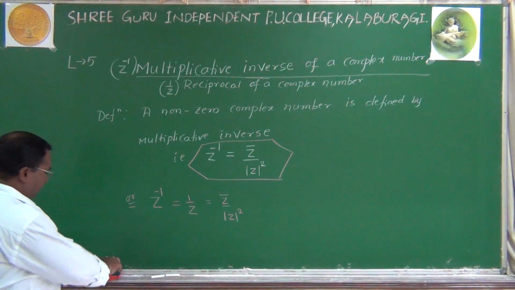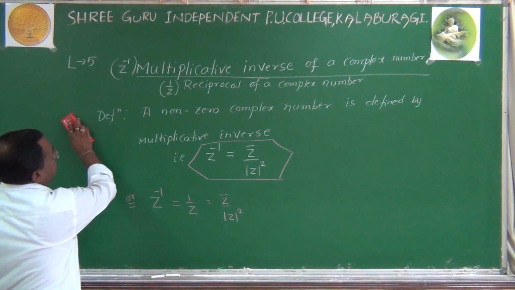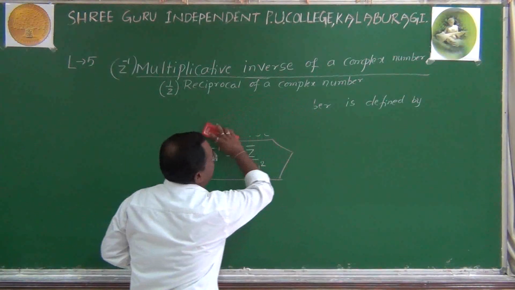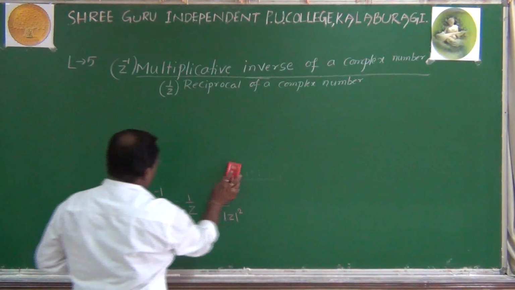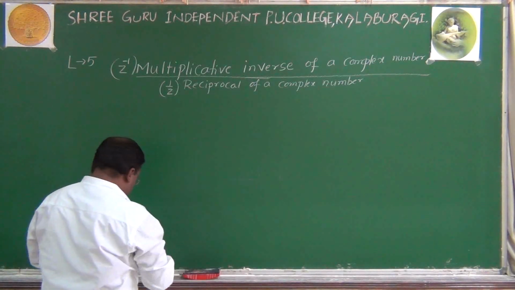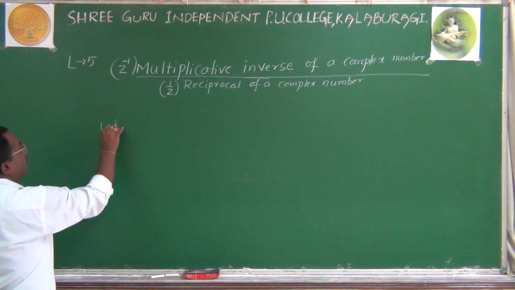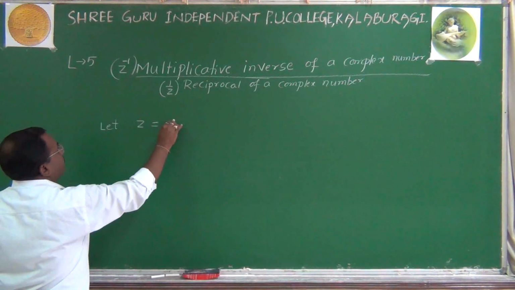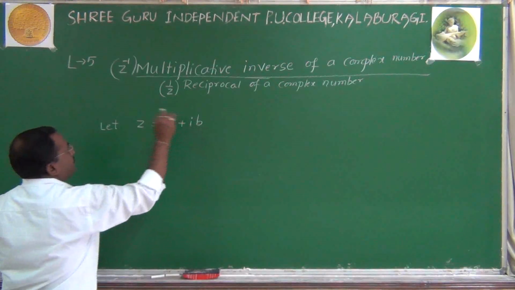That is, express, take any one complex number in general. Let z is equal to a plus ib be a complex number.